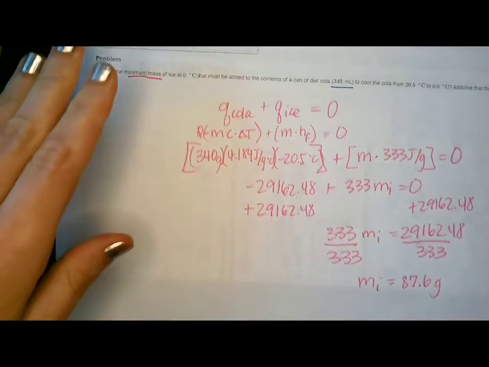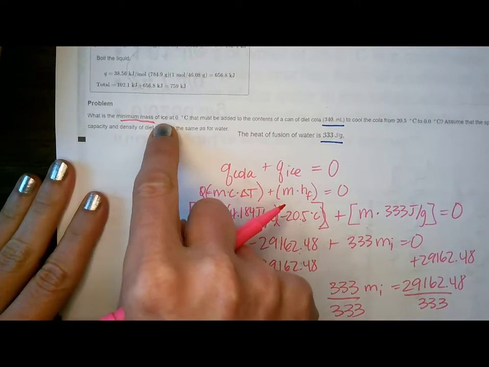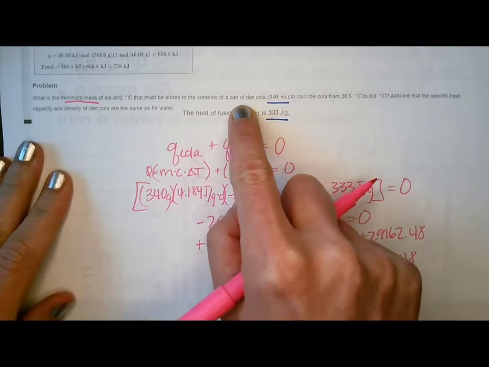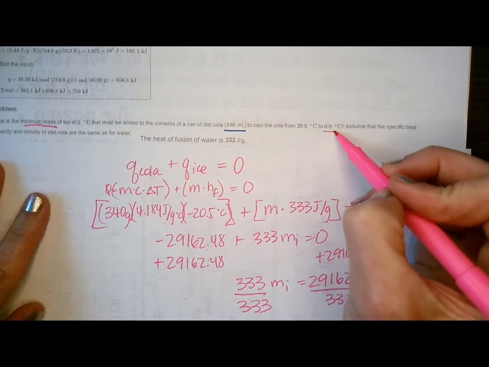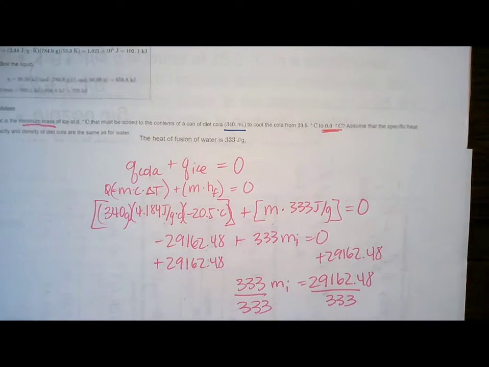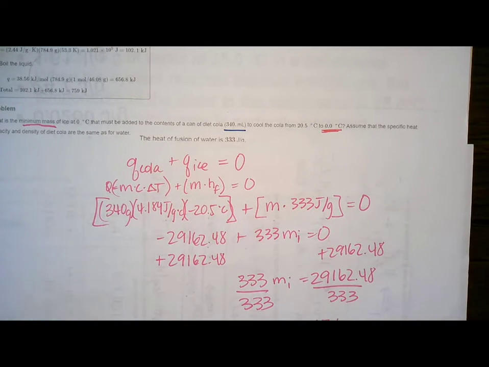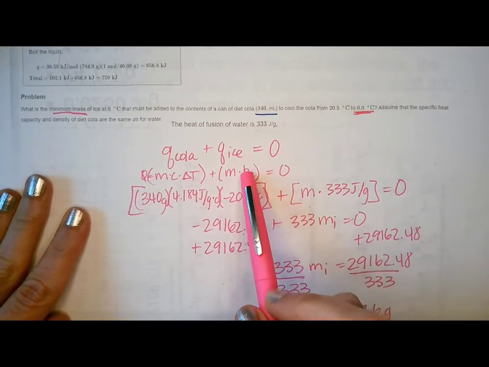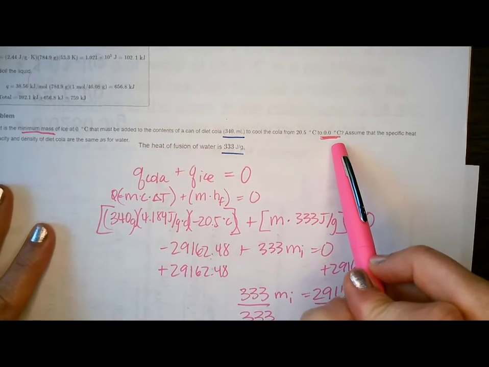So if we think back to what we did here, we need to find the minimum mass of ice at 0 degrees that was going to be added to a can of Diet Coke to cool that Coke from 20.5 to 0. So we know that our ice is at 0 and our Coke is going to cool down to 0. So my ice is not going to raise temperature, right? So my Q for my ice is going to be mass times the heat of fusion. My Coke, however, did change temperature. It decreased in temperature.